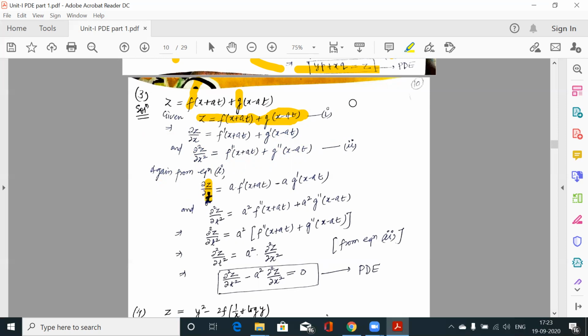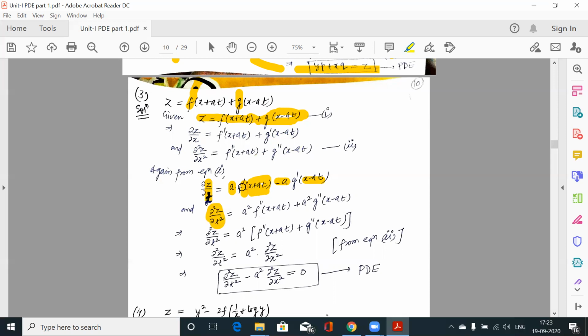So del z over del t: differentiating with respect to t, we get f dash, and again the argument is differentiated with respect to t, so we get a. So a is multiplied here, and again for the other argument differentiated with respect to t we get minus a, so minus is here. Now we are again differentiating with respect to t to get the second order derivative.